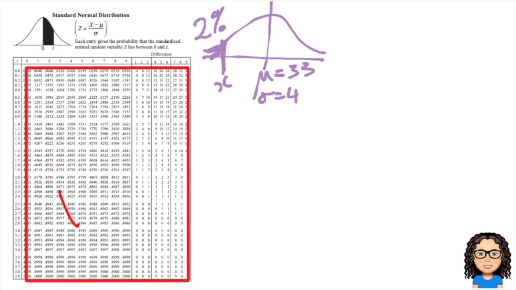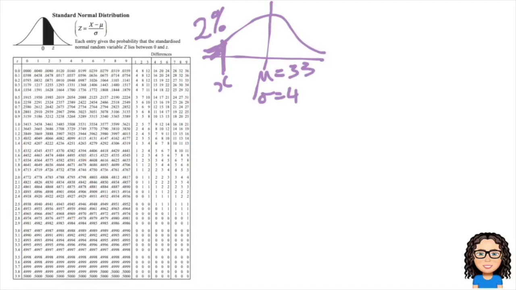So I've been given a probability of 2%. Remember, that's 0.02. So I need to look at my diagram and match them up.